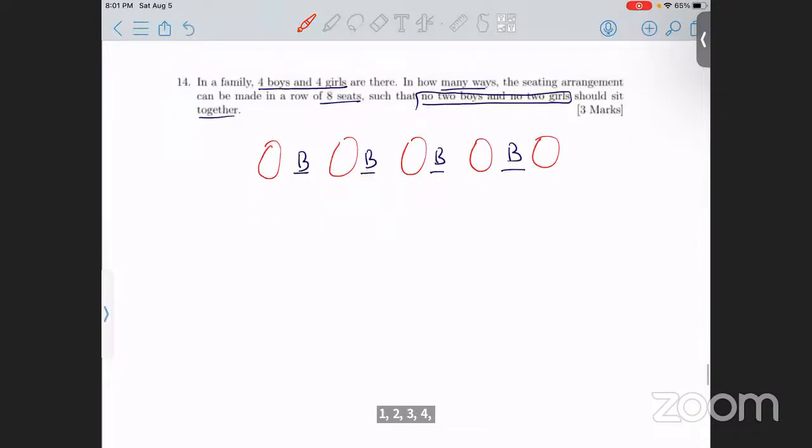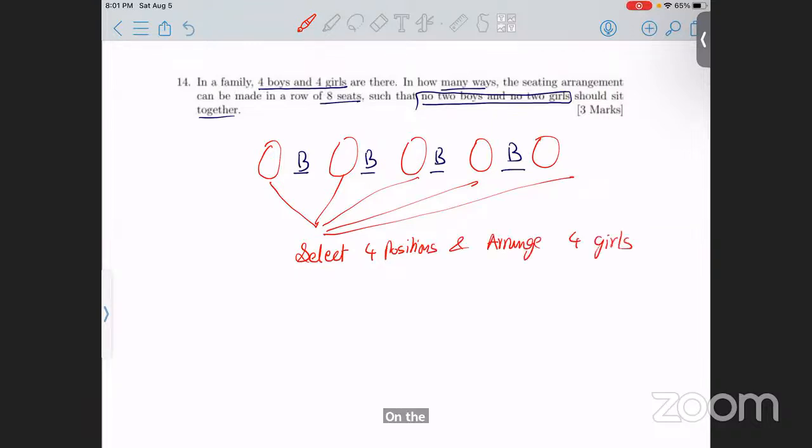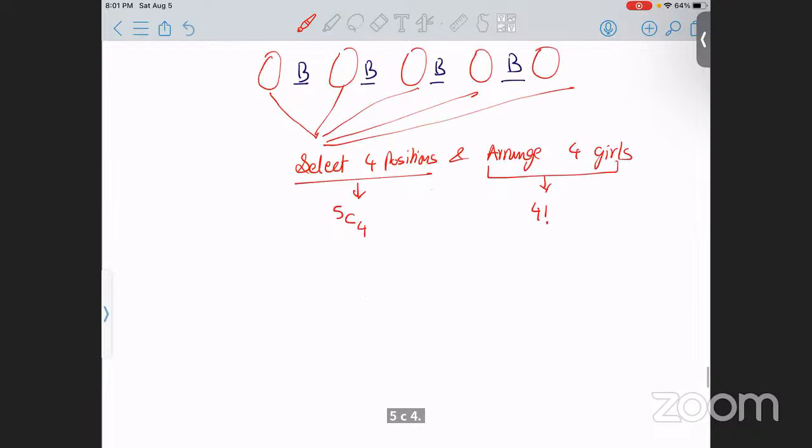Now in these 5 positions, I have to select 4 positions and arrange 4 girls. So selecting 4 positions is 5C4, and arranging 4 girls is 4 factorial. So 5C4 into 4 factorial. Now there are boys.